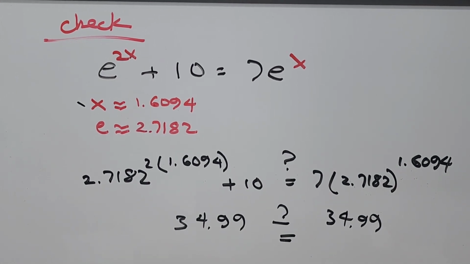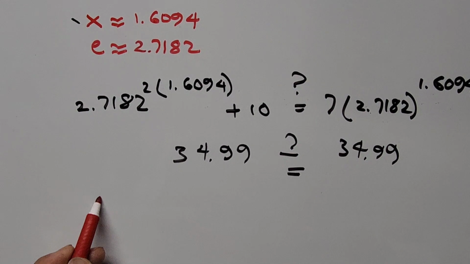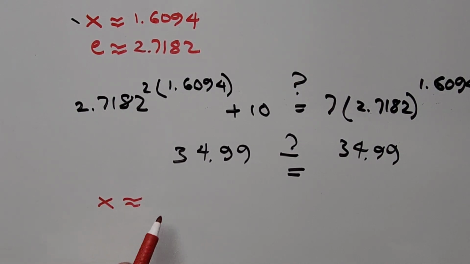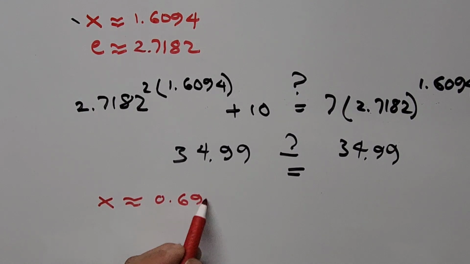Now let's go to the second value of x. We have here the second value: x is approximately equal to 0.6931. Then substitute this value into the original equation.